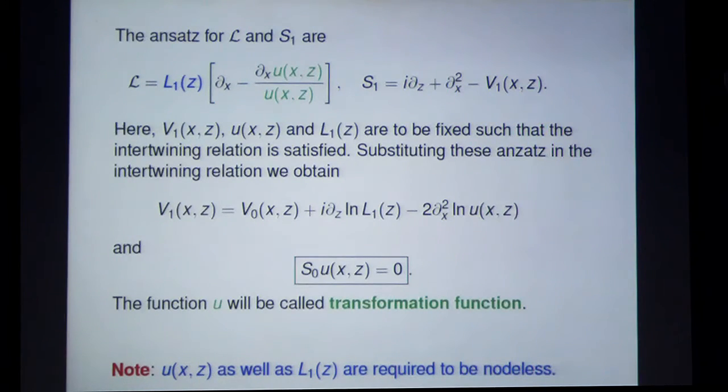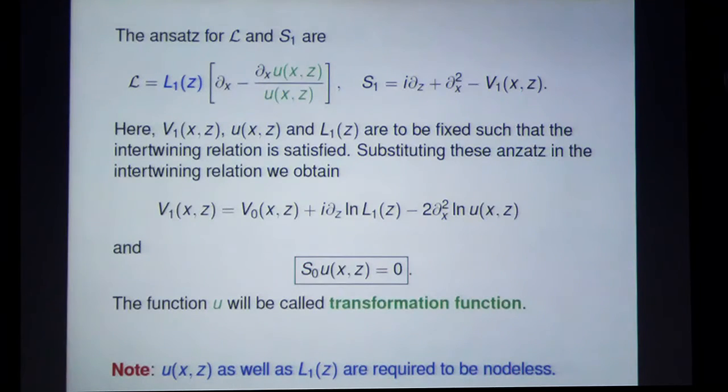In this way, plugging this information in the intertwining relationship, we obtain that the new potential will have this shape, and the function U is a solution of the initial Schrödinger equation. It could be a physical solution or a mathematical solution without boundary conditions. That's the first condition.